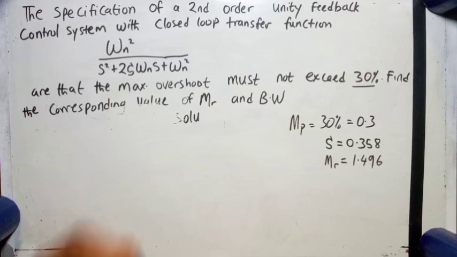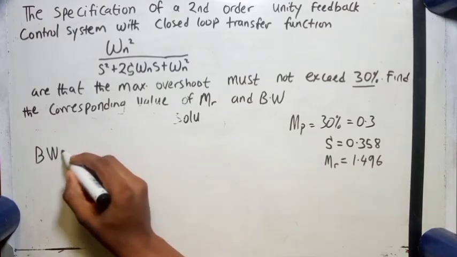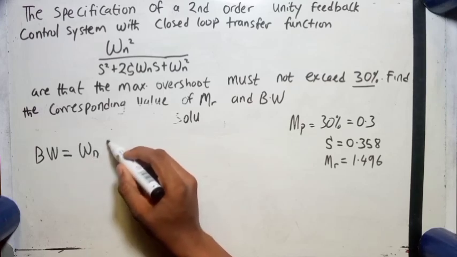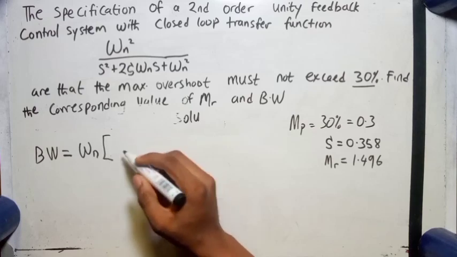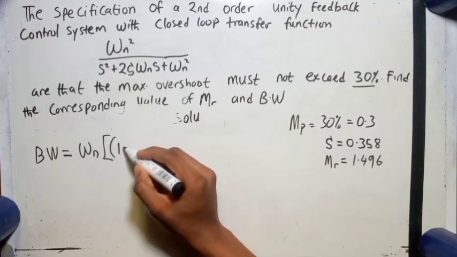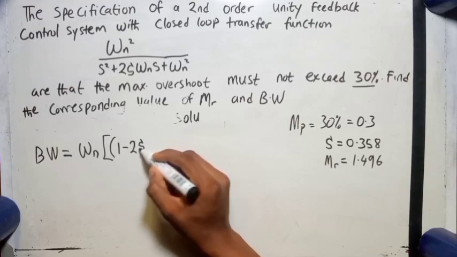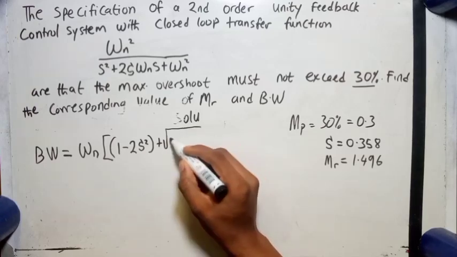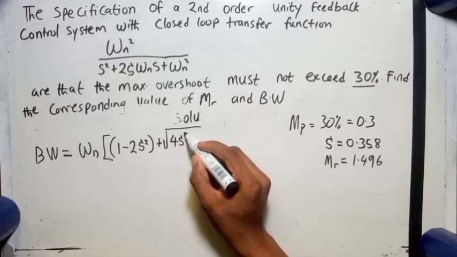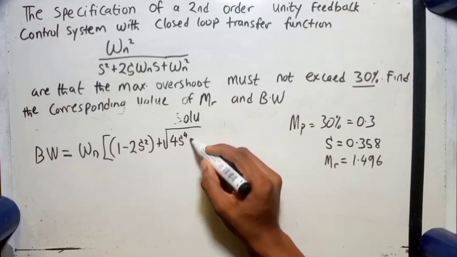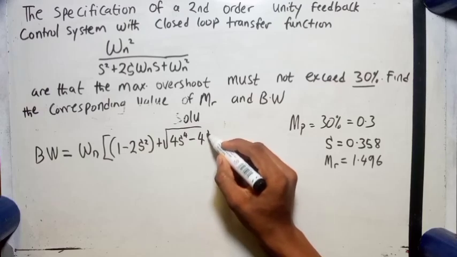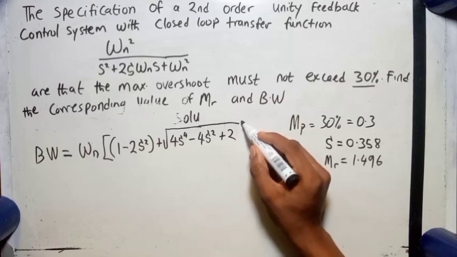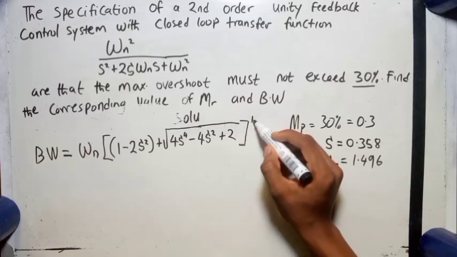Now we know that our bandwidth is equal to Wn multiplying 1 minus 2 zeta square plus the square root of 4 zeta to the power 4 minus 4 zeta raised to power 2 plus 2, close brackets, now raised to power half.